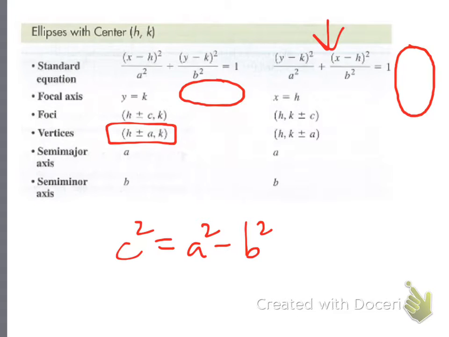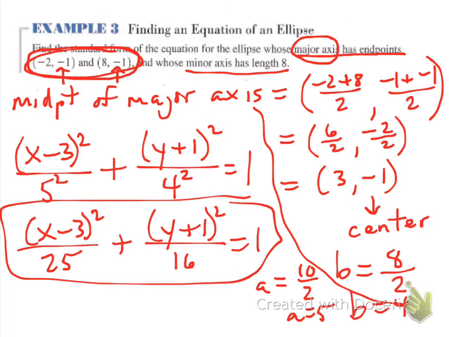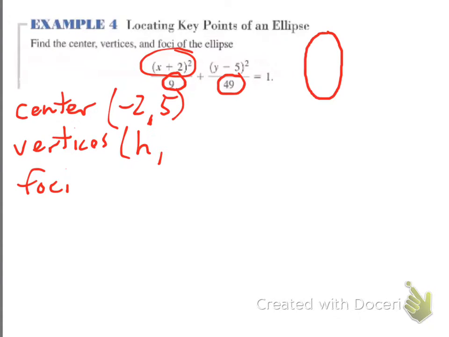They didn't put y squared first, but here's all you need to know, guys. You can determine tall or long by where the bottom numbers are. The bottom number's 49. It's underneath y. It's bigger than 9. It's tall. So we're going to do h, and then k plus or minus b.